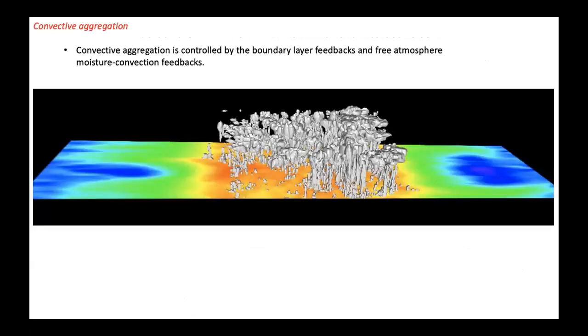Based on the previous studies, we can imagine the convection aggregation is controlled by two dominant feedbacks. One is from the boundary layer processes, and the other one is from the free atmosphere. The boundary layer processes can be imagined as the convection SST feedbacks, in which the radiation interacts strongly with the SST, leading to different development of the convection.